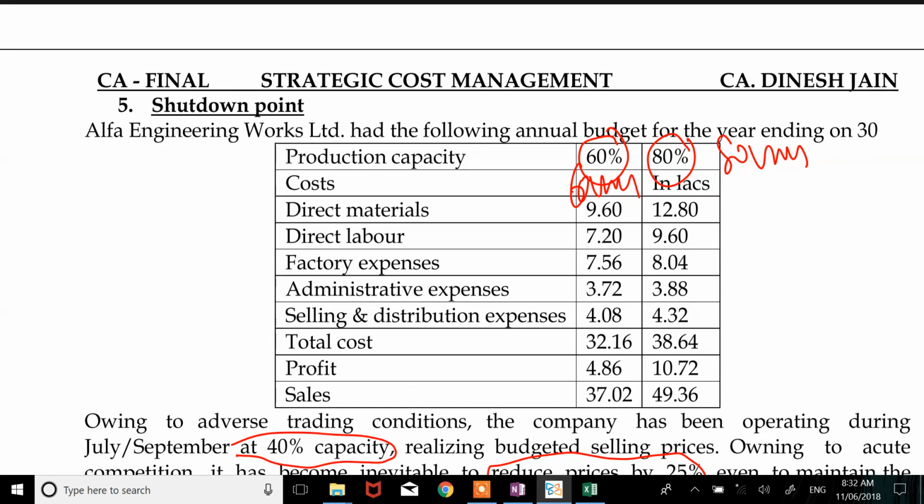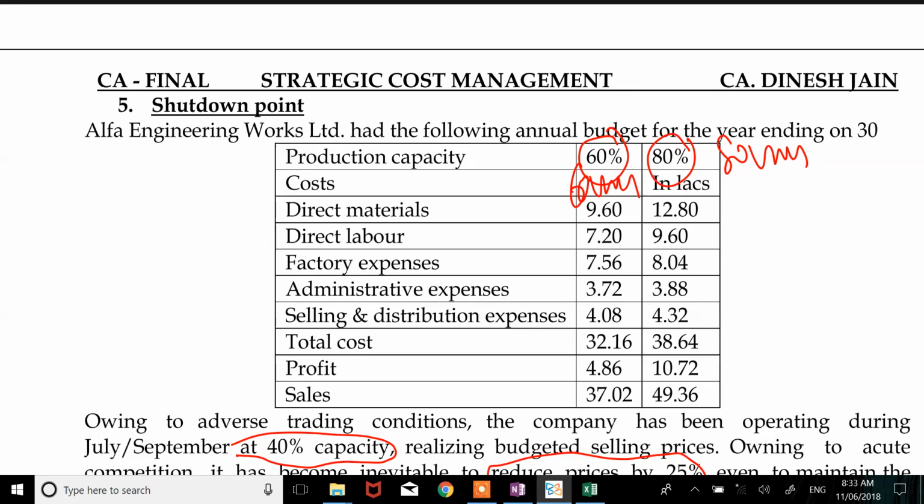This also will remain same. 720 divided by 60, 960 divided by 80. How much is the per unit? 12,000.